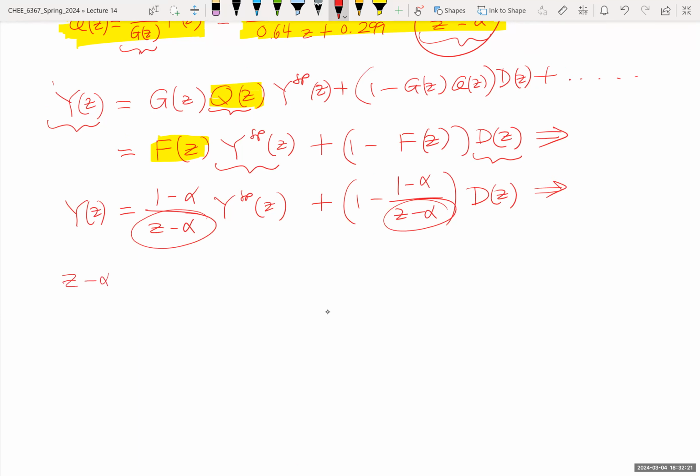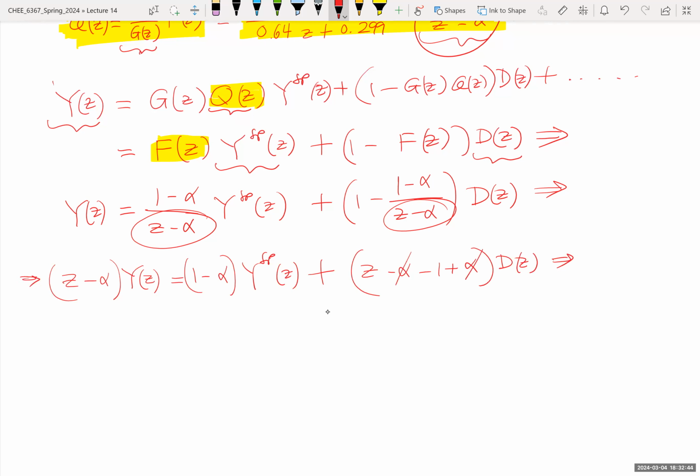So I have Z minus alpha, Y of Z is equal to 1 minus alpha, Y set point of Z, plus Z minus alpha minus 1 plus alpha, D of Z. These cancel, and help me go back to a difference equation in the discrete time domain.